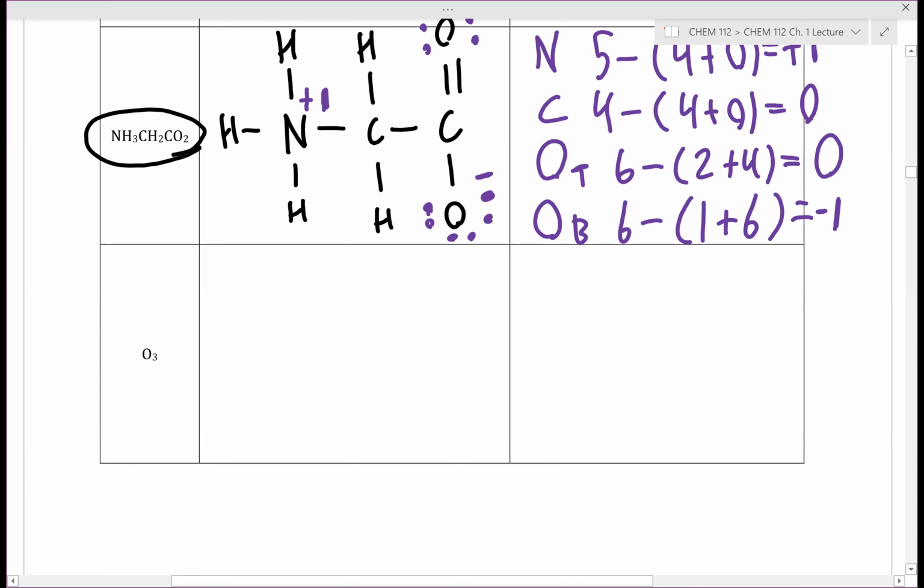Looking at that, it's almost correct. I would just count your total number of electrons and see if the structure has the same total number of electrons.